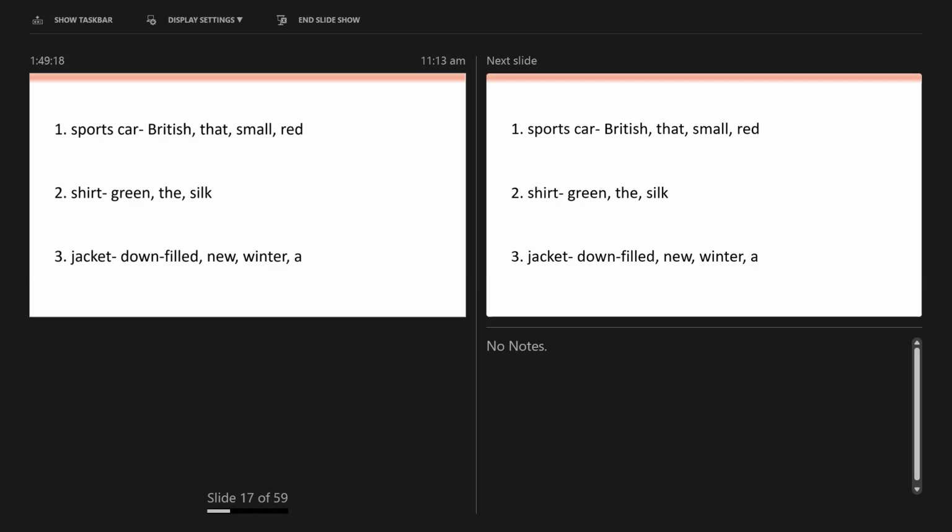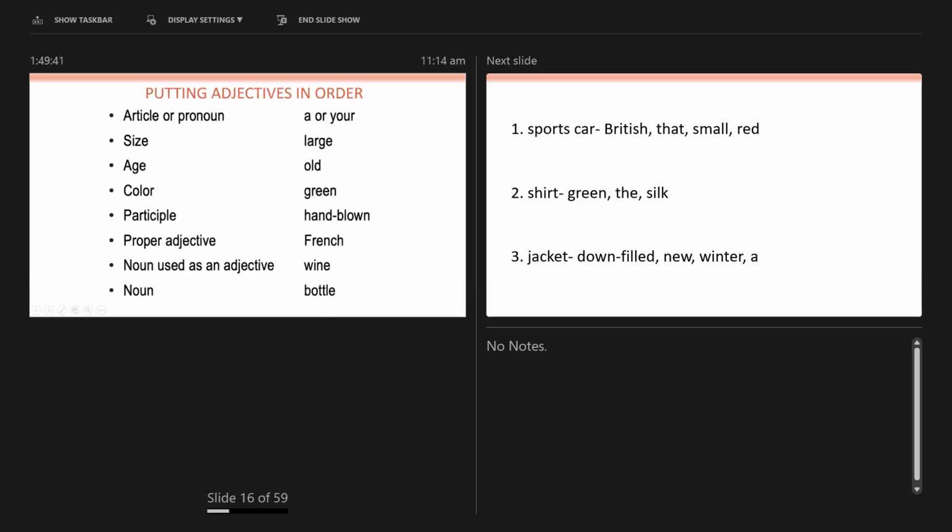Una, gamitan mo ng article. So, pangalawa is what? Color or size? Size muna and then color.